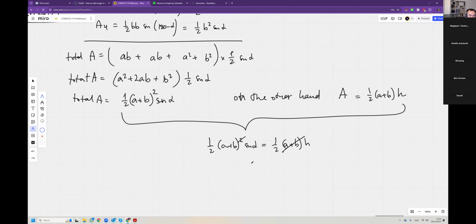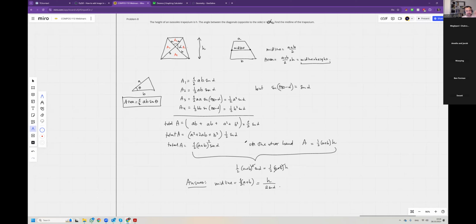The midline is 1/2 A plus B, which is equal to H over 2 sine alpha. Full stop. And that's the answer.